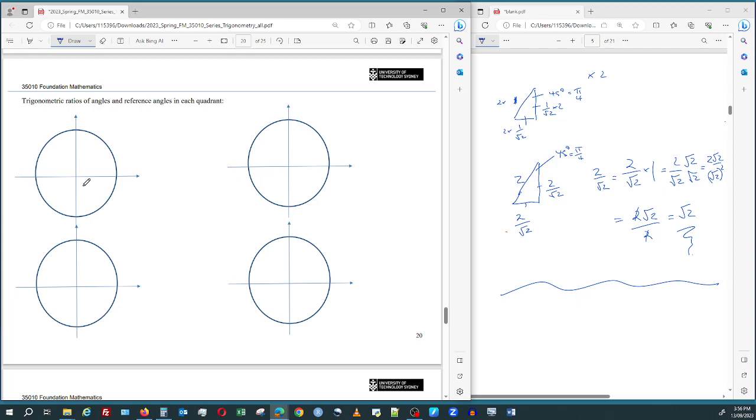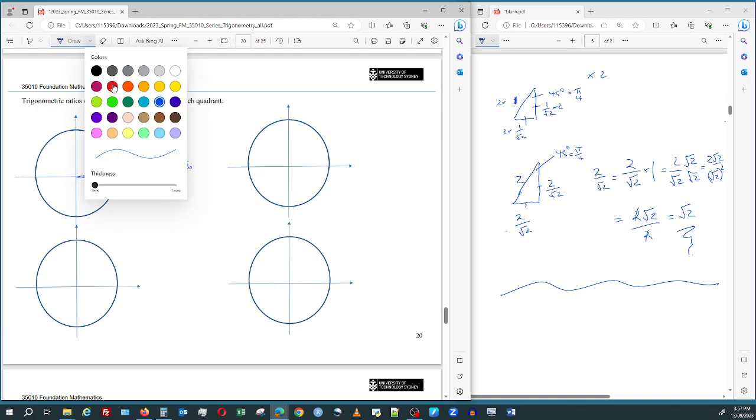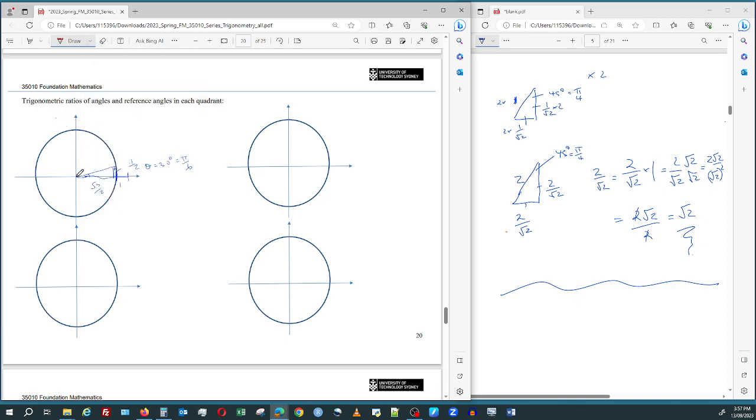So what I would suggest you do is really focus on our exact values tree. Okay? And really focus on, in each quadrant, what does it look like? Okay, really focus on each of the quadrants.